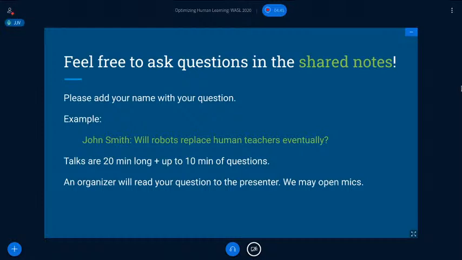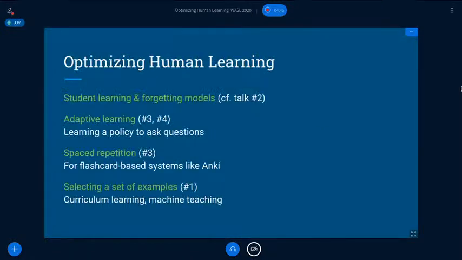We are talking basically about optimizing human learning, and I want to take advantage of the time to introduce a few concepts. When we talk about optimizing human learning, it's related to many fields in educational data mining or machine learning and education.